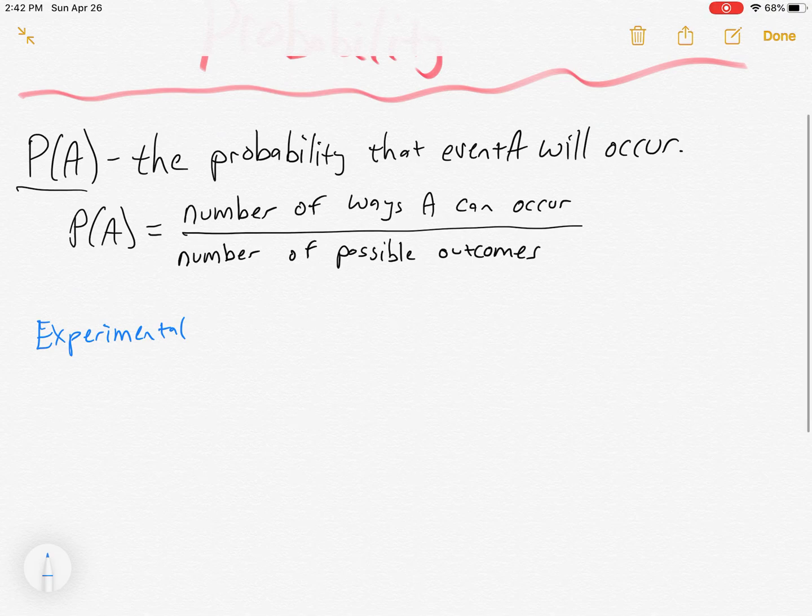Well, this section's called experimental and theoretical probability. So let's talk a little bit about the difference between those.